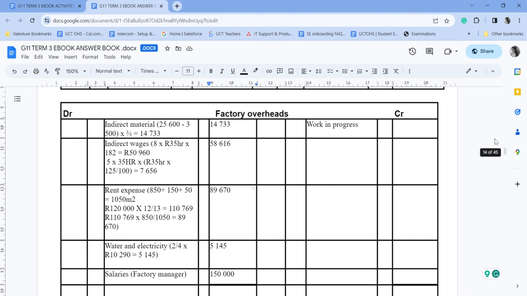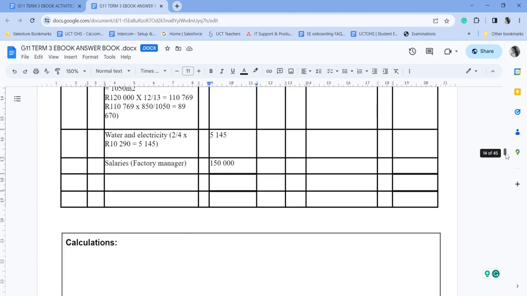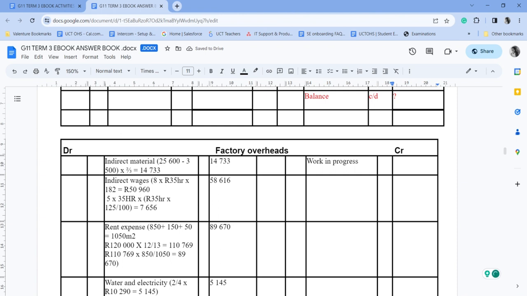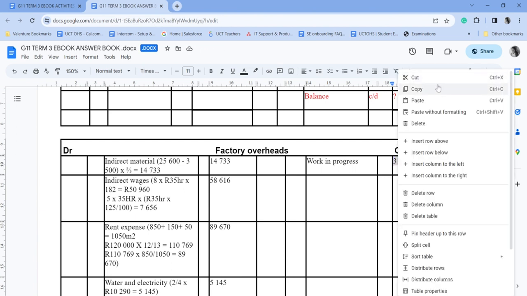I get 318,164, which means that will be my total for both sides. So this amount will go straight to my work in progress. So I'll put it there as well, 318,164.